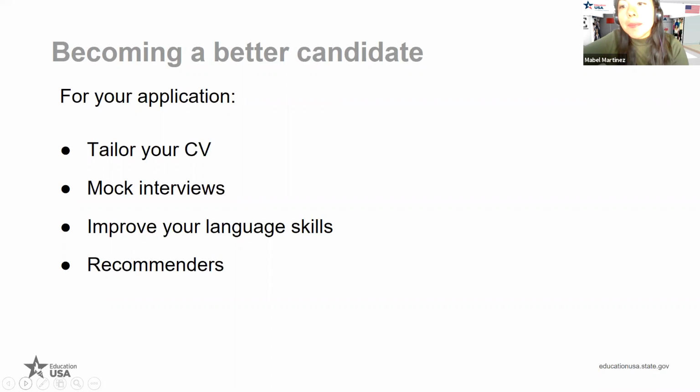And also, please make sure to choose your recommenders carefully, because most of the scholarships, the loans, the fellowships, any type of financial aid, most of them will require that you submit letters of recommendation. It is important that you choose your recommenders carefully.